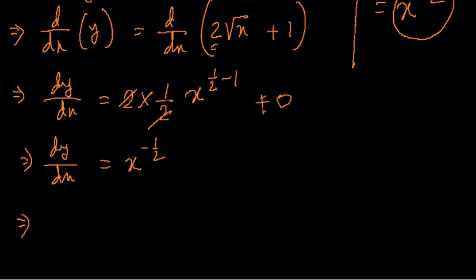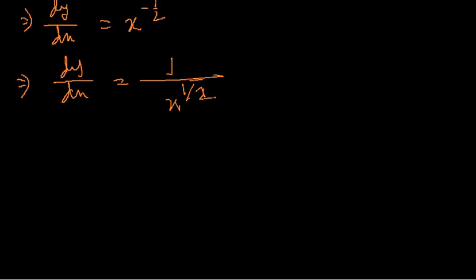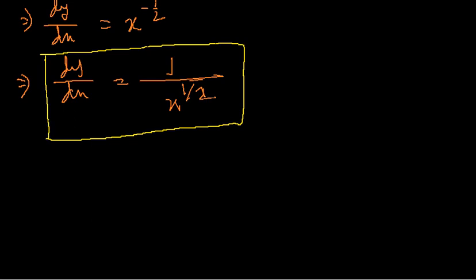That means dy by dx equals 1 by x to the power half. So this is our gradient.